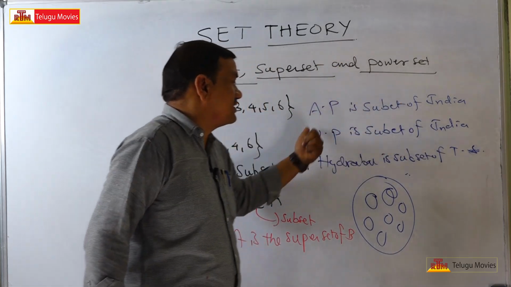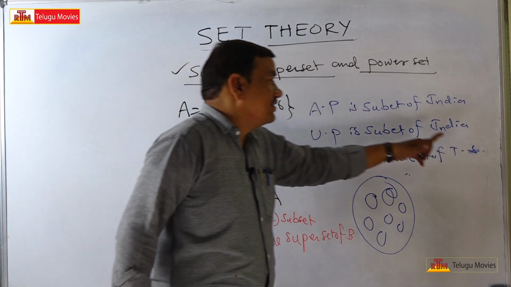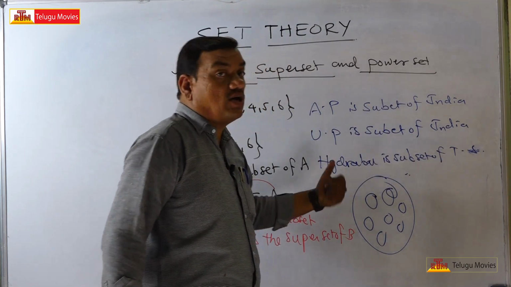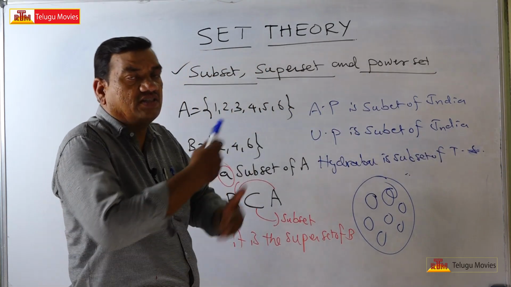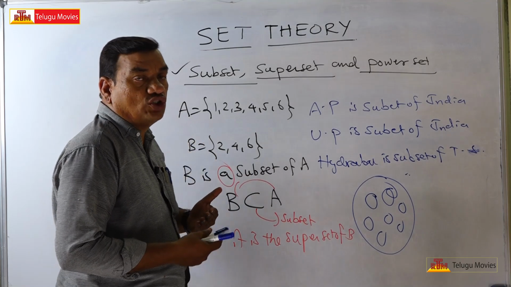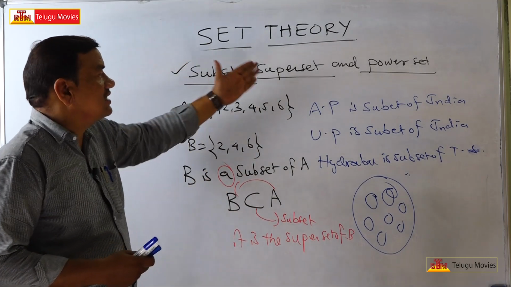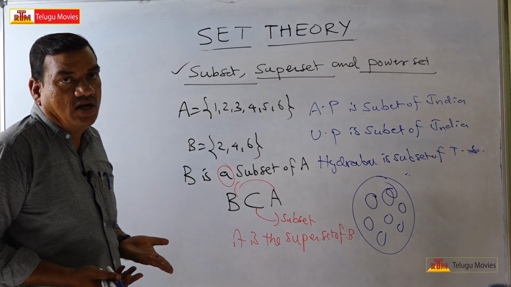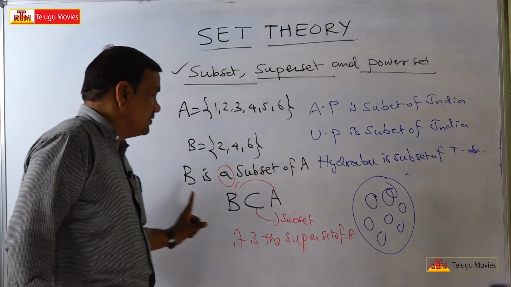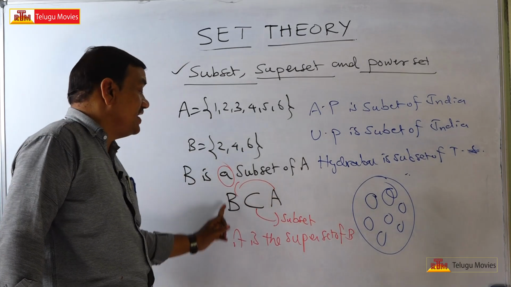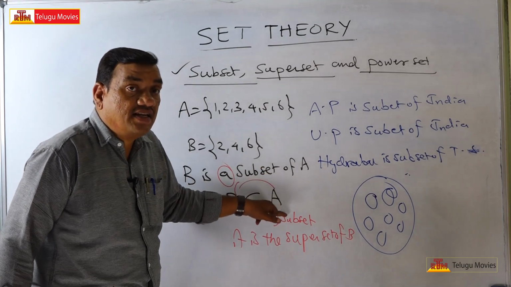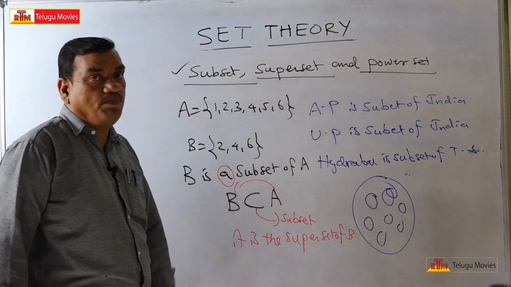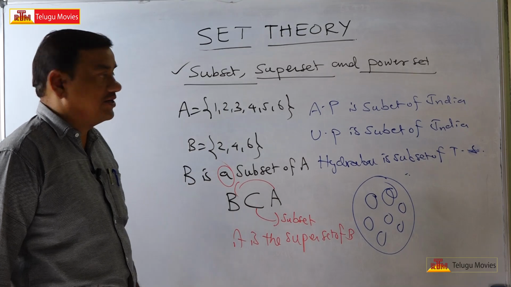India is the superset of Uttar Pradesh. Telangana state is the superset of Hyderabad. If you talk in the reverse way, the concept of superset will come. So if you write in one direction, B is a subset of A, then A is a superset of B.